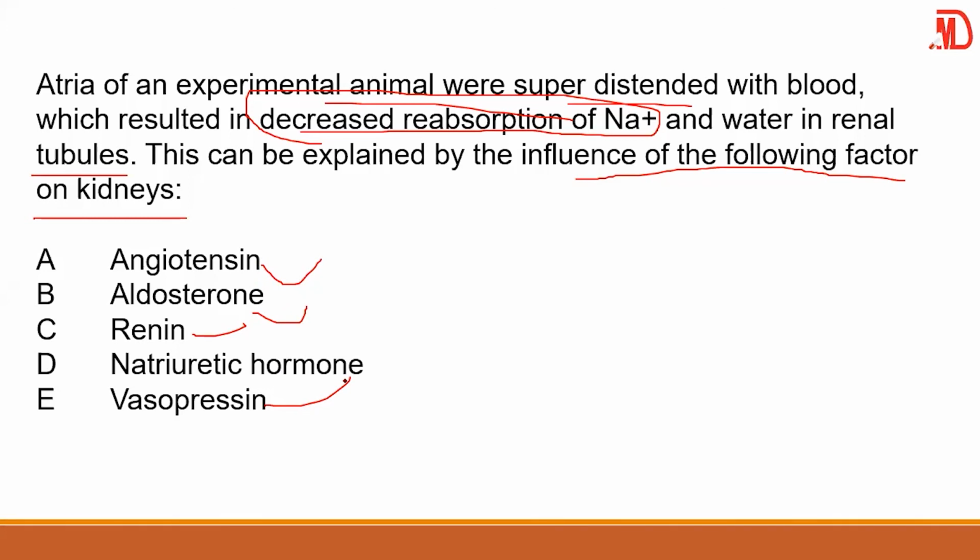Angiotensin 2 stimulates the zona glomerulosa of the adrenal gland to produce aldosterone, and hence the RAS system. So forget about any one of these things. Over here, we are looking at the natriuretic: natri means sodium, uretic means water excretion.